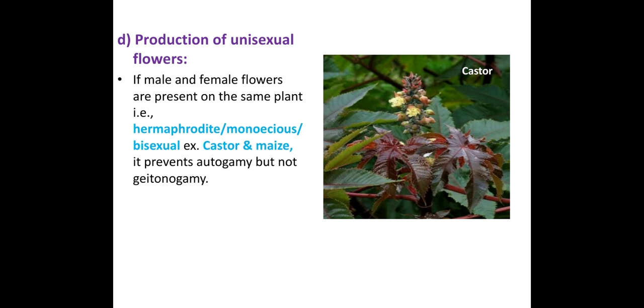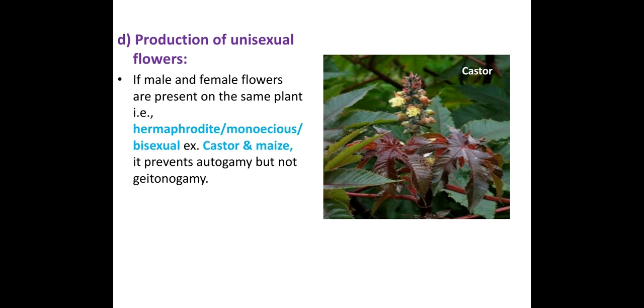Hermaphrodite, monoecious or bisexual, these are the names. Here male and female flowers are both present on the same plant. Examples are castor and maize.